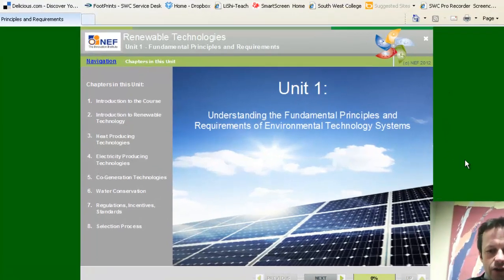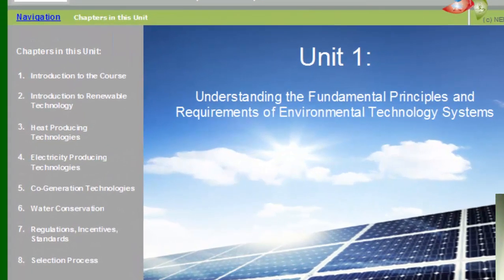Okay, so what we have here is Unit 1, and it shows there understanding the fundamental principles and requirements of environmental technology systems. So that's what we're looking at. Now this here is self-guided, so this is something that you will do by yourself. You will move through this yourself.